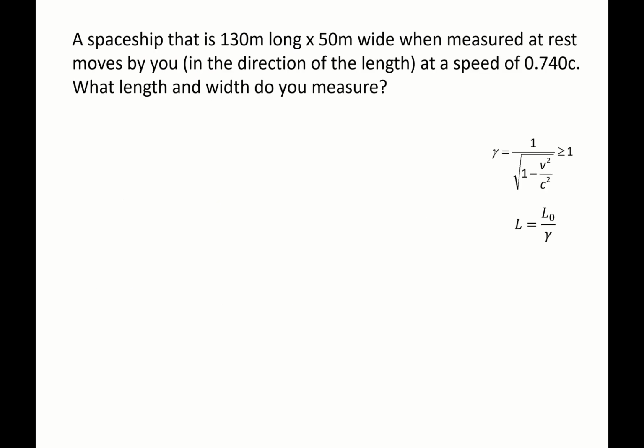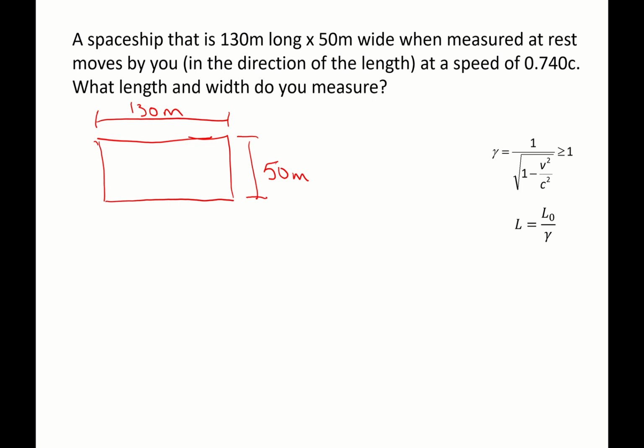All right, let's do one with length contraction. If we have a spaceship that's 130 meters long by 50 meters wide when it's measured at rest. So if we draw it, let's just make it a rectangle. It's 130 meters long by 50 meters wide. And it's going by you in the direction of the length at a speed of 0.740 c.